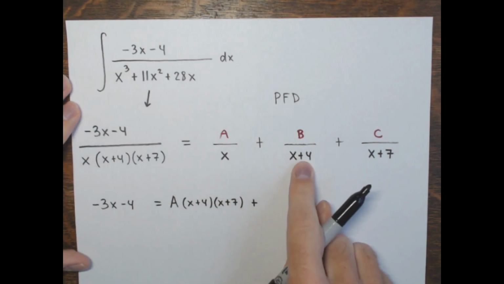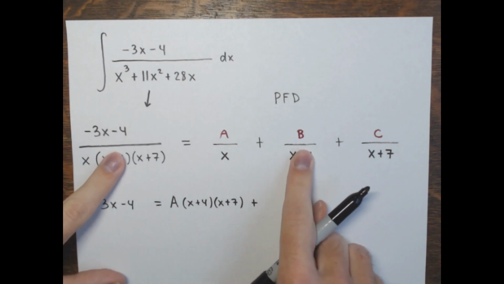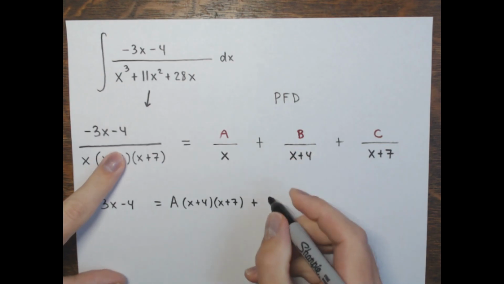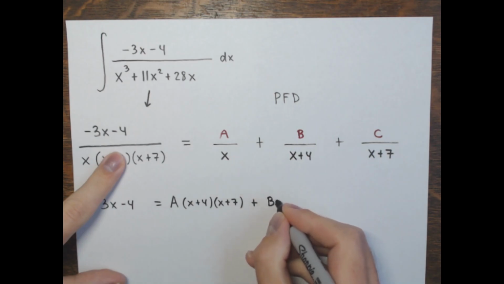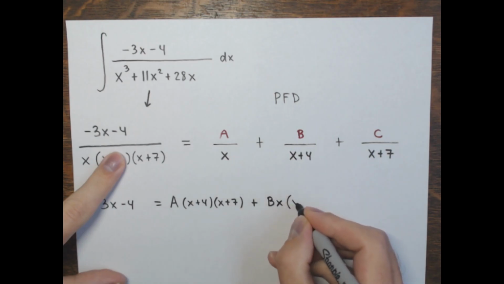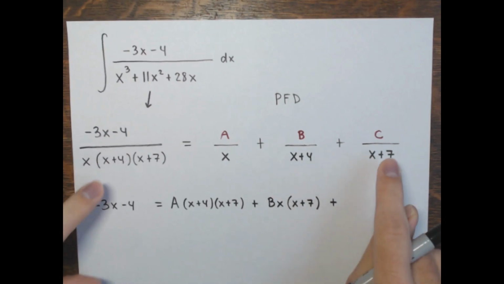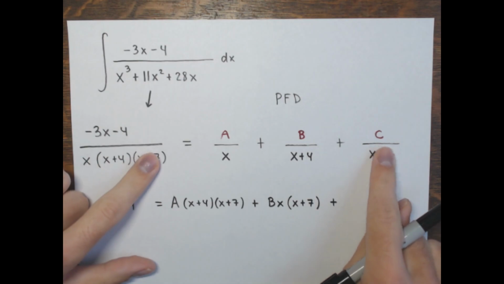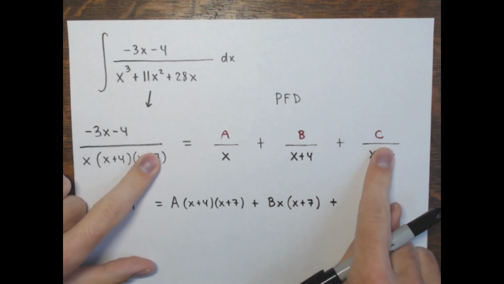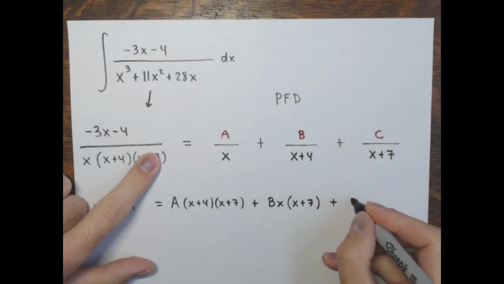Plus, and then the next fraction, when I multiply it by the denominator, the x plus 4's will cancel, and then I'd have B times x plus 7. And then the last fraction here, if I multiply by the denominator, you'd have x plus 7's canceling, and you'd have C times x plus 4.